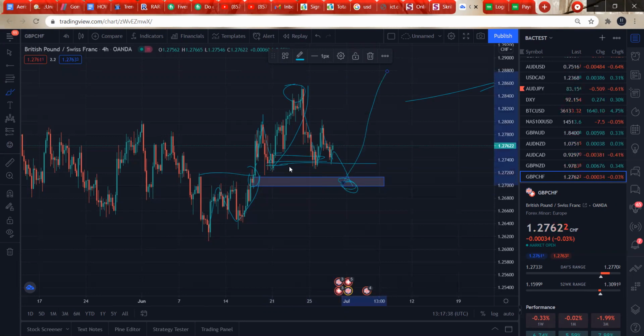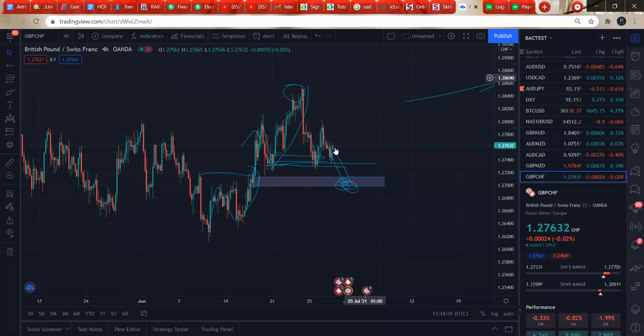If we have an area of accumulation like this, and underneath you have a strong order block like this, the market usually comes down to test this order block before it goes to the upside. After all, you can even see the structure of this market, what is going to happen already.